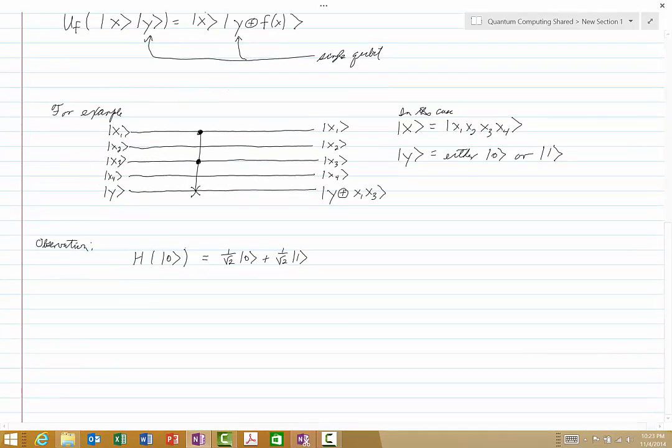Now, what about H operating on 0, 0? Well, I think that all of you will remember that this is 1/2 0, 0 plus 1/2 0, 1 plus 1/2 1, 0 plus 1/2 1, 1.